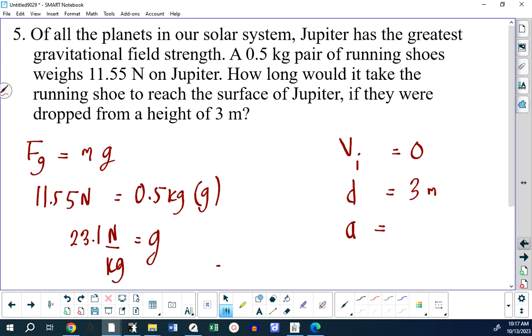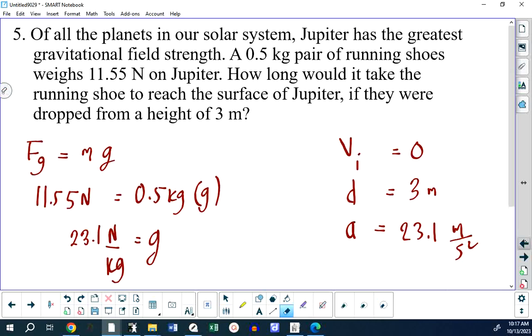Over twice the acceleration due to gravity on Earth. And you'll notice that all of a sudden I write 23.1 meters per second squared. This weight is in reference to maybe just holding the running shoes. They're not accelerating. But if we let them go, this number becomes their acceleration.